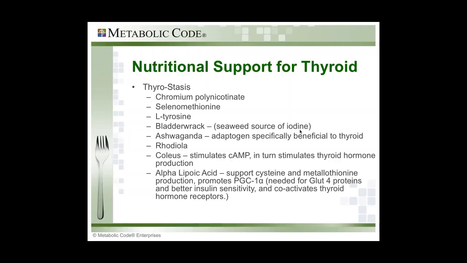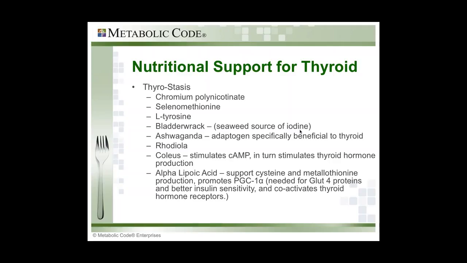The reason is the cysteine supports the production of PGC1 alpha, which is needed for GLUT4 proteins and supporting that whole insulin sensitivity and driving that cellular ability to get glucose into the cells and drive that machinery that thyroid hormones are relying on to drive that ATP production.